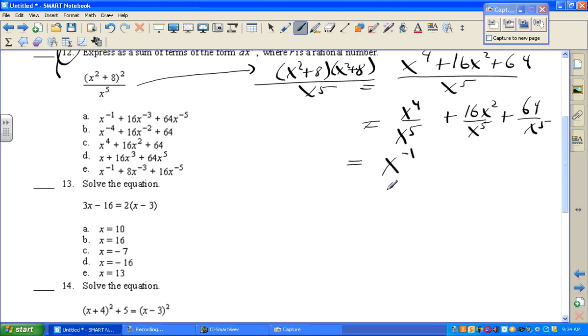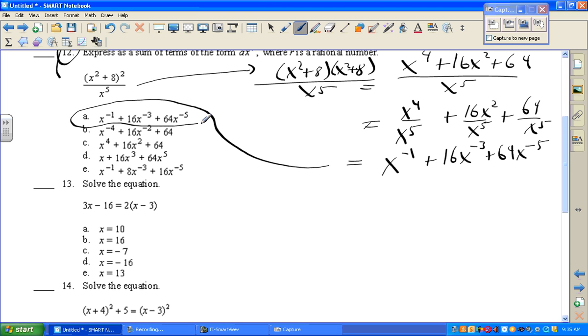I think you get the idea now. What's 2 minus 5? Yep, 16x to the negative 3, and then 64x to the negative 5. Which choice is that? A it is. Any questions? Good.